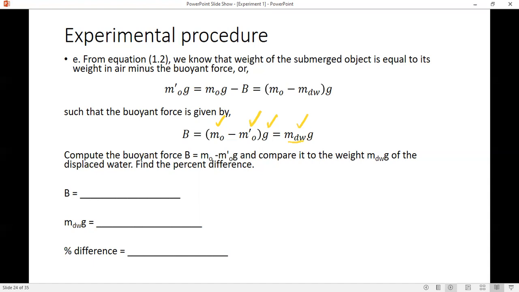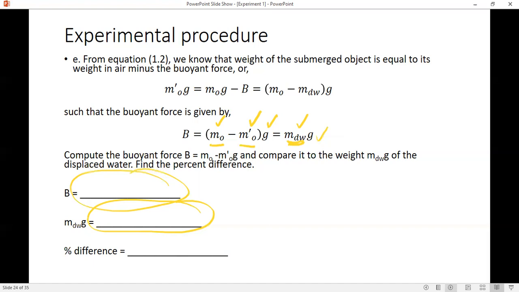So what you're going to do is compare the buoyant force measured through the scale, where we had the suspended mass unsubmerged and submerged, to the buoyant force calculated from the weight of the water displaced, which is the mass of the graduated cylinder filled with the displaced water minus the mass of the graduated cylinder with the 50 milliliters, times acceleration of gravity.